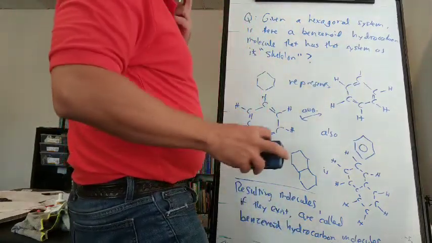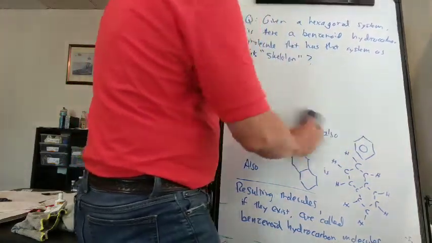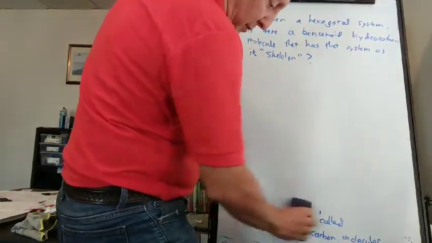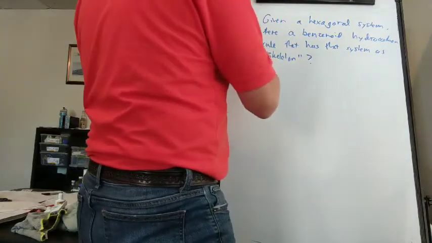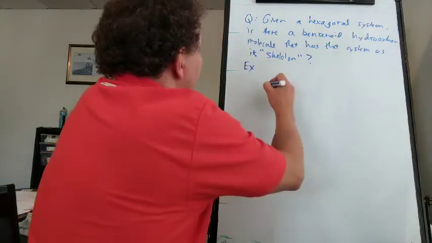So for example, let me put up two hexagonal systems that look very similar and tell you how we distinguish which one could actually be a molecule and which one's not. So let's have a row of 7 hexagons.